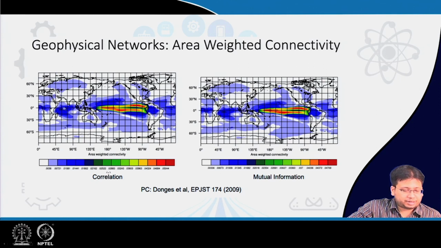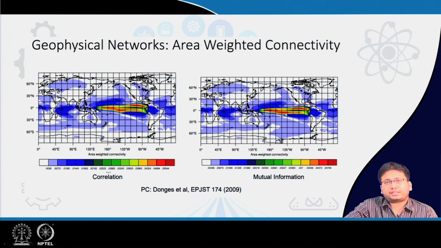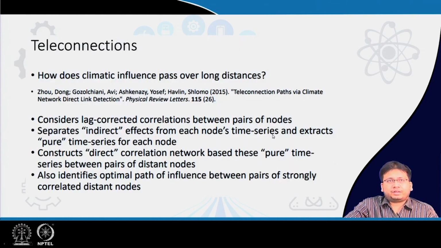Similarly, these deep blue edges are also connected to many other regions of the world, but probably less strongly than this region. So what this analysis shows us is that this central Pacific Ocean is a very significant or very sensitive region, and whatever happens there may impact climatic conditions at various other parts of the world.